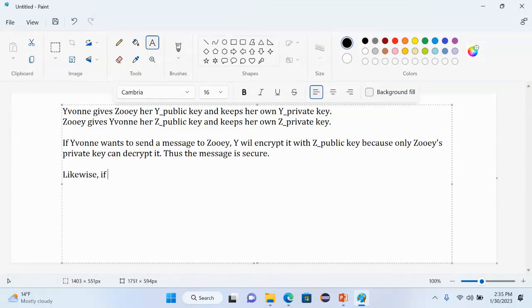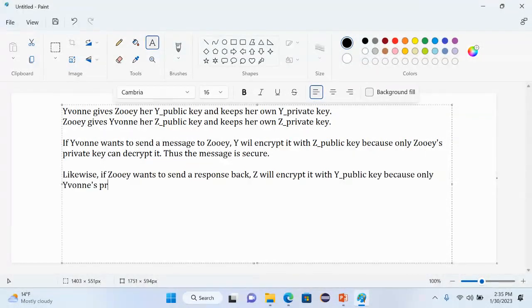Likewise, if Zoe wants to send a response back, Zoe will encrypt it with Yvonne's public key, because only Yvonne's private key can decrypt it. Okay? Does that make sense? Questions? Would you like to know more?